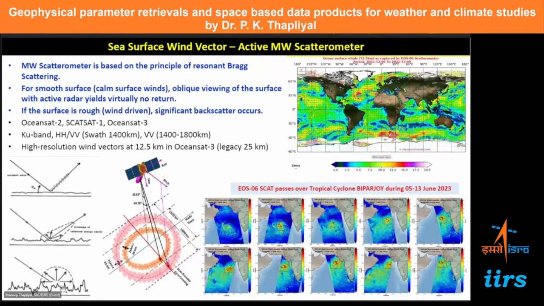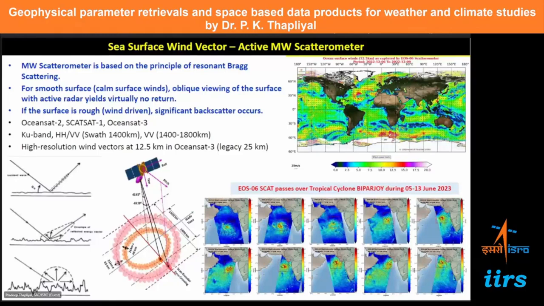When there is very high wind, there is very large backscatter radiation. So by measuring the backscatter energy at your satellite, you can infer how strong the wind is at the sea surface. This is from your active microwave or active radar method.